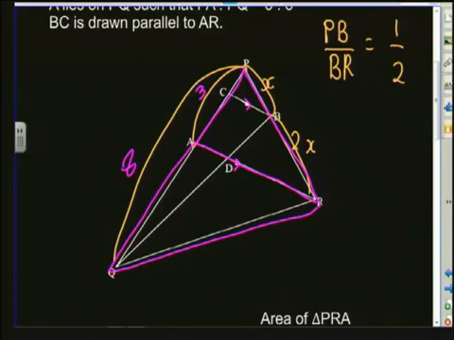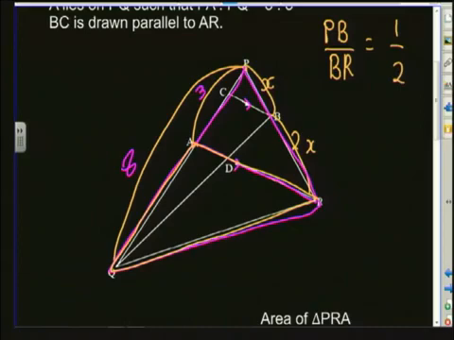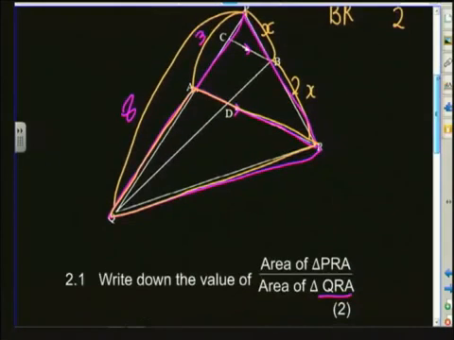All right, so let's put this little one, the bigger one, in a different color. What you will notice is that those 2 triangles will have the same altitude, the same height. So therefore, when you're working out the area of triangle PRA over triangle QRA, it's simply going to be the ratio PA over AQ, because your altitudes are going to cancel out because they are exactly the same, right?